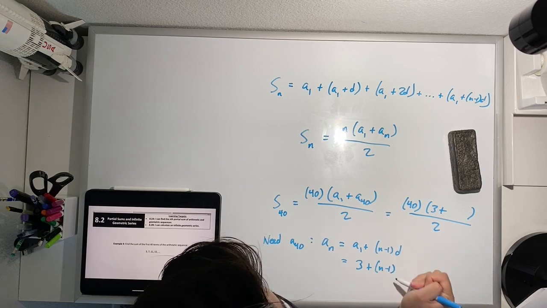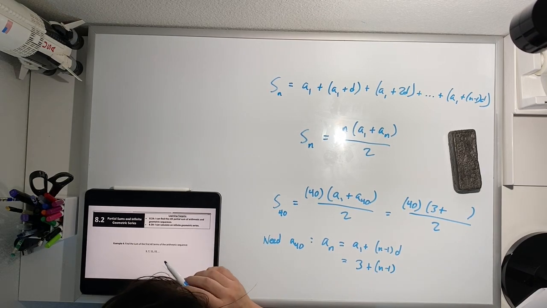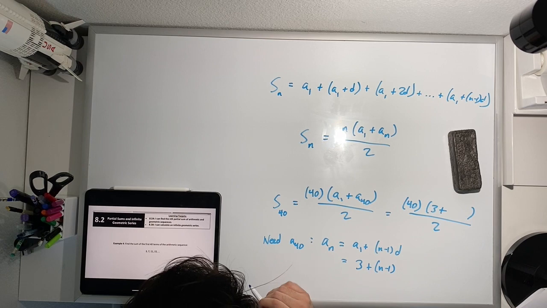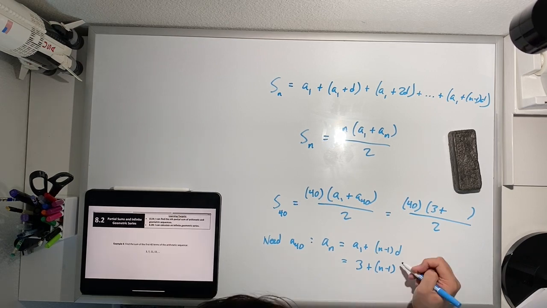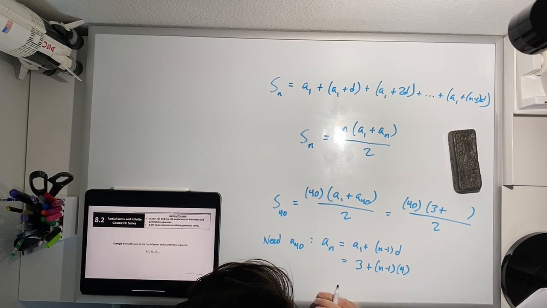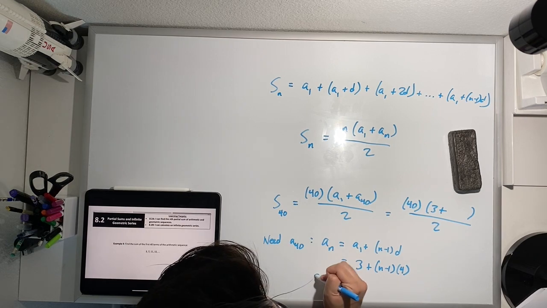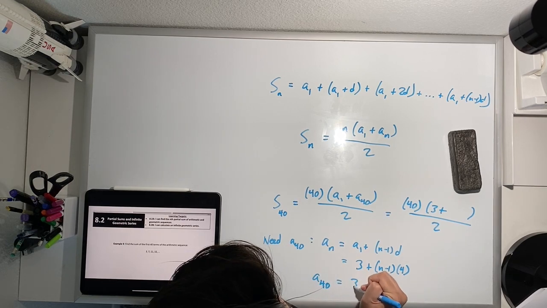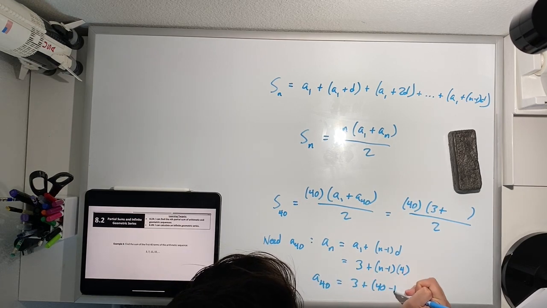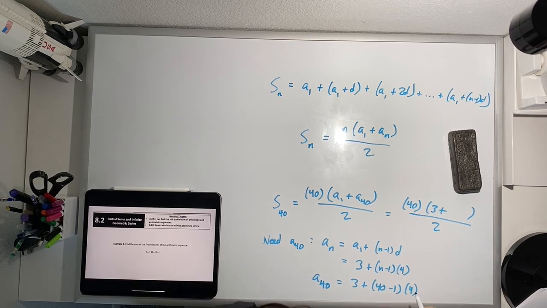And what is our common difference here? 3, 7, 11, 15. So we're adding 4 each time. Using this formula, we can find the 40th term. Simplify all of this, and we get 159.